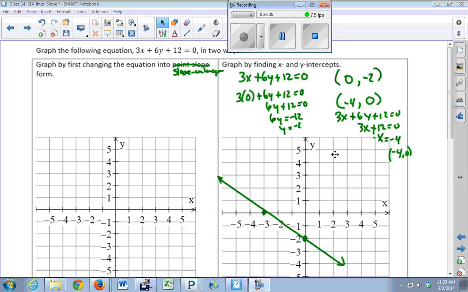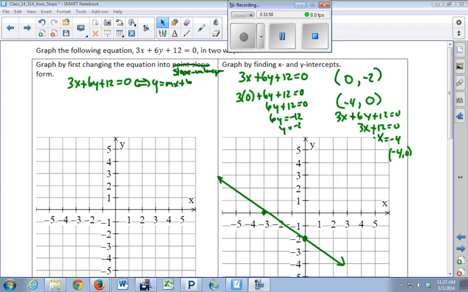Into slope intercept form. So we're starting off with the general form. What does it mean to put it into slope intercept form? What is the final form of this equation going to look like? We want to make it equivalent to y equals mx plus b.